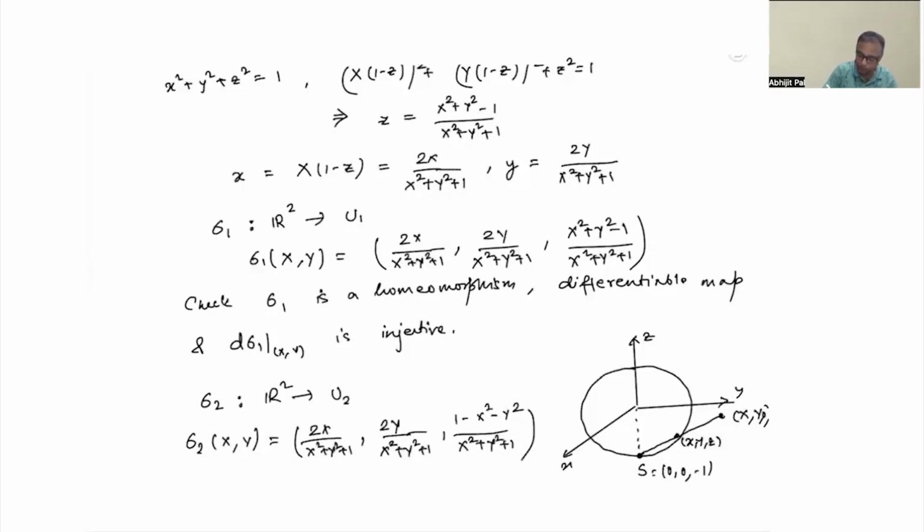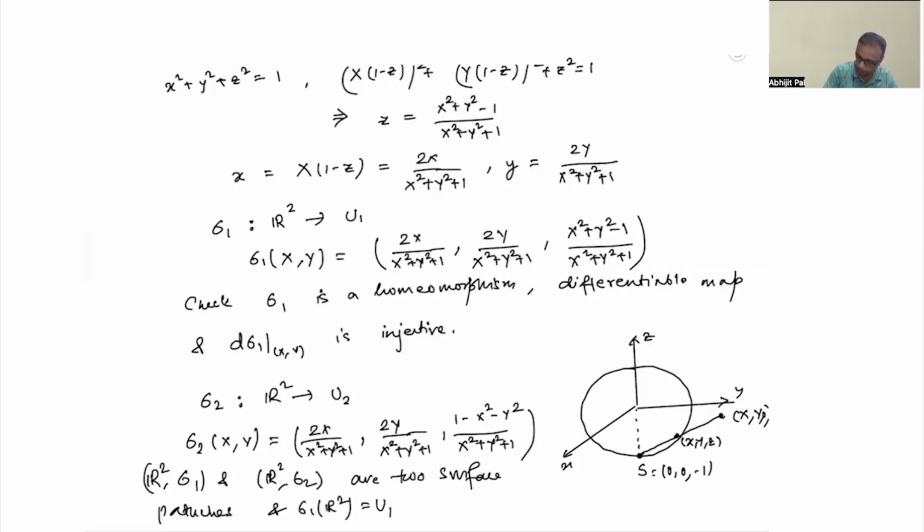So therefore, what we got is these two surface patches. R2 with sigma 1 and R2 with sigma 2 are two surface patches, and sigma 1 of R2 is U1 and sigma 2 of R2 is U2.